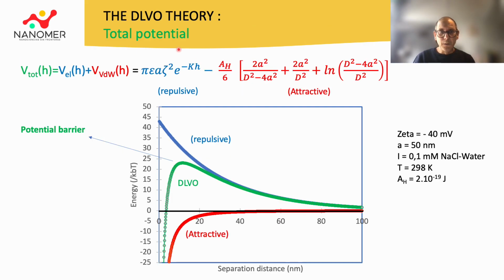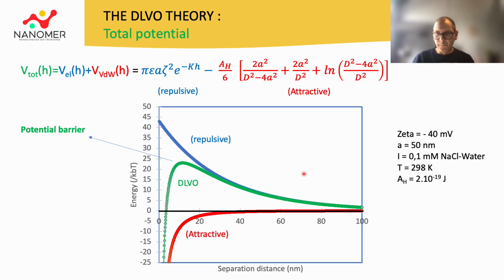Now, if you are able to determine the repulsive potential and the total attractive potential of a system, we can determine the DLVO curve in green here, corresponding to the total interaction potential of the system.